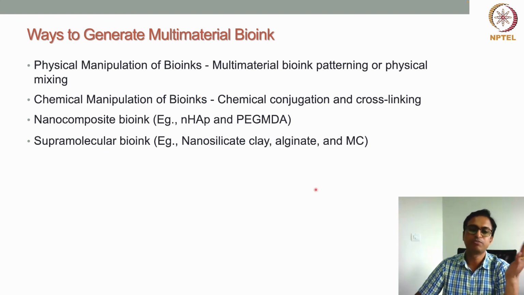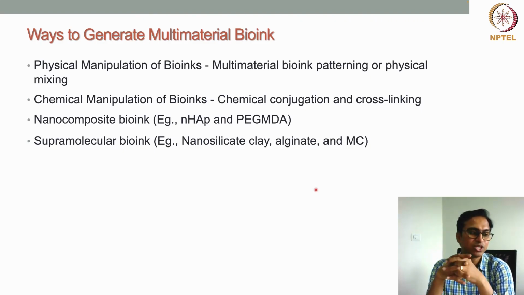There are other types of bioink that are also gaining popularity because of their inherent advantages, like nanocomposite bioink. Nanocomposite bioink is when, in the hydrogel system or in the polymer solution, we incorporate nanostructures, whether nanoparticles, nanofibers, nanocapsules, or different nanostructures.